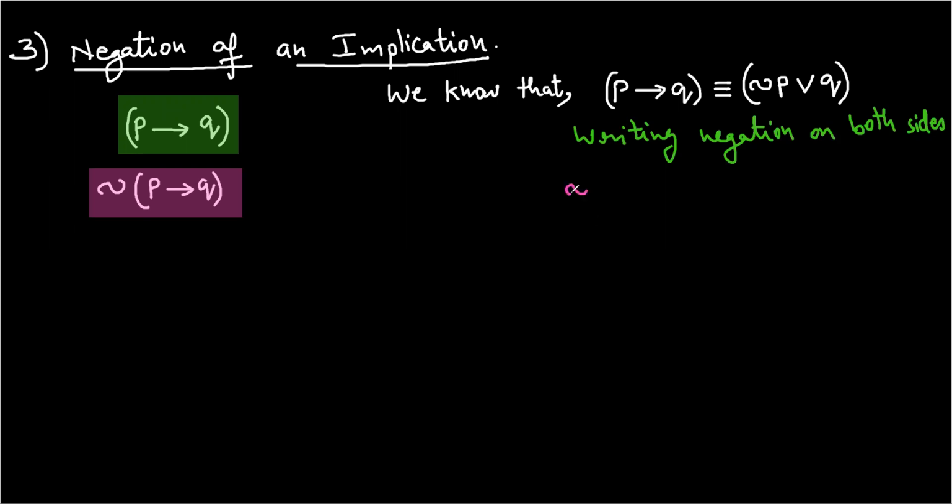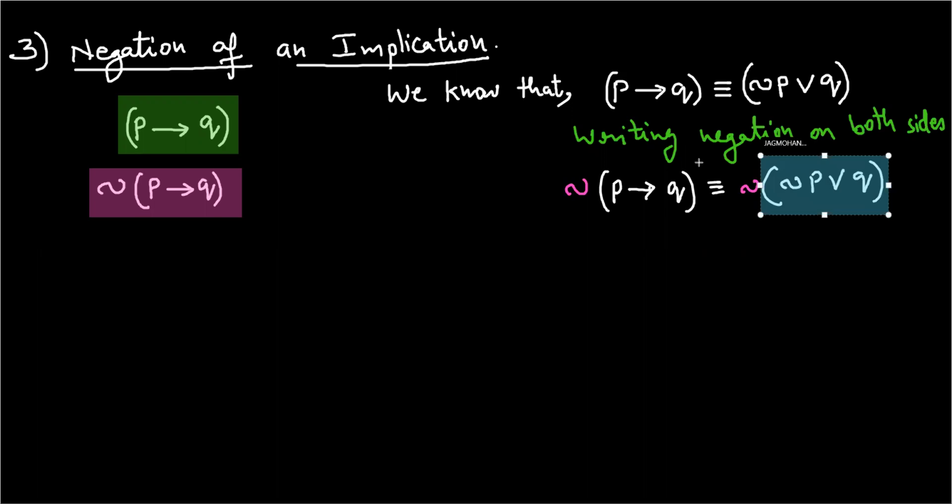So I will get the negation of P implies Q equivalent to the negation of negation P or Q. Now see, students, on this side I have a disjunction of negation P and Q. In between these two I have a disjunction.